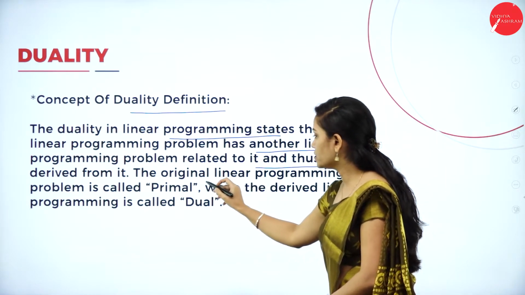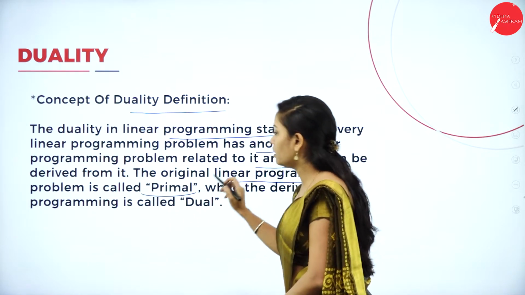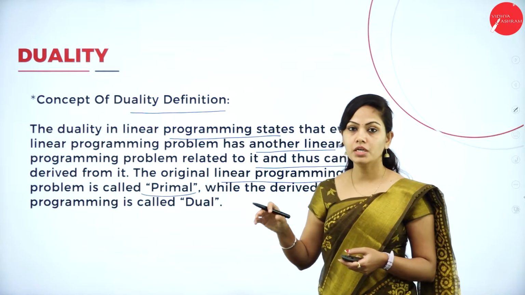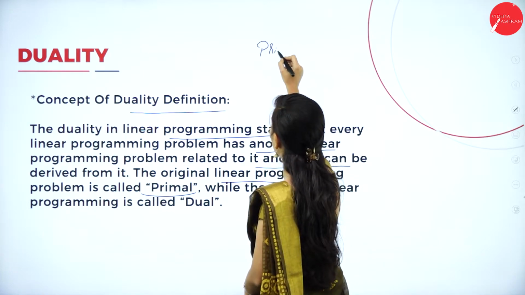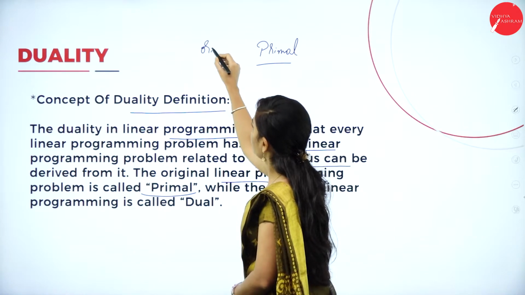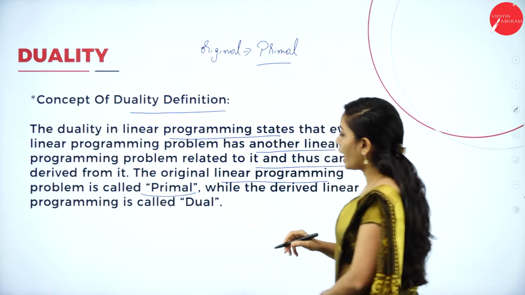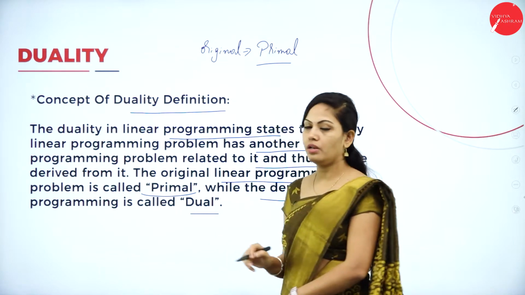And the original linear programming problem is called primal problem. So when you are applying duality, the original problem is called as primal problem. Primal means it is original, while the derived linear programming is called dual.